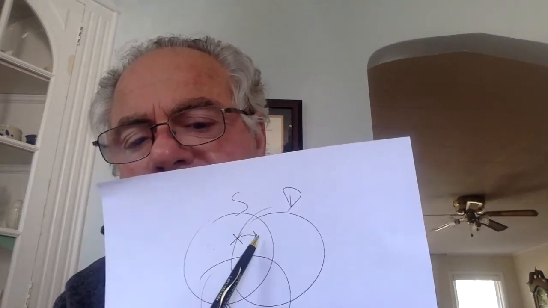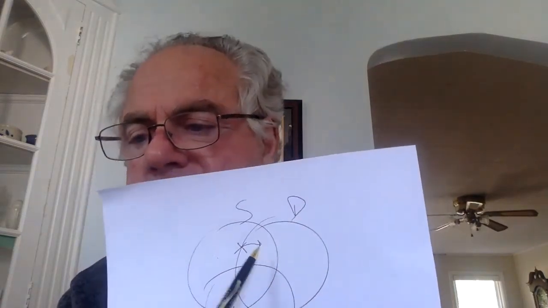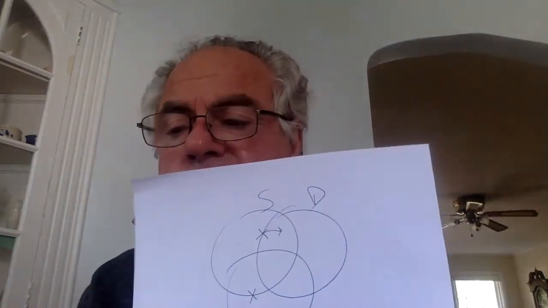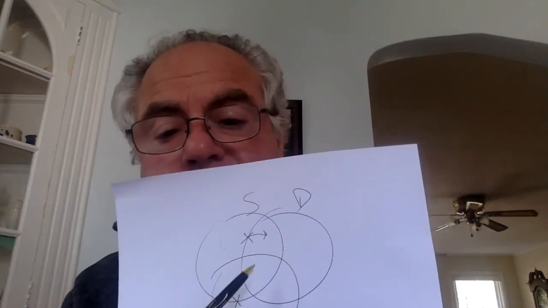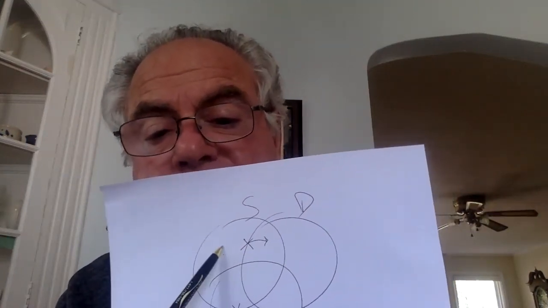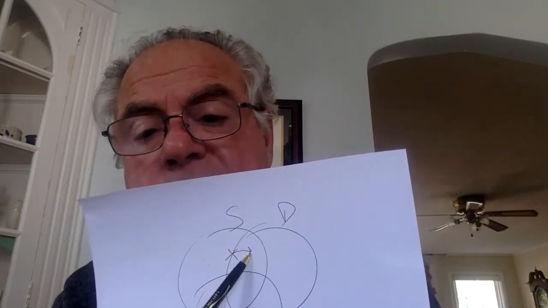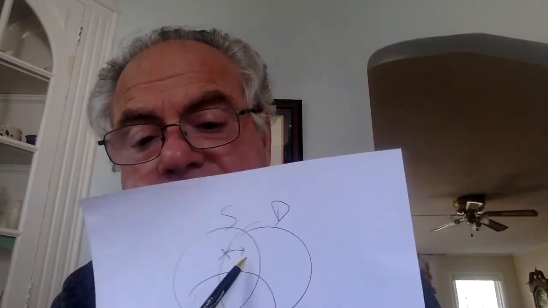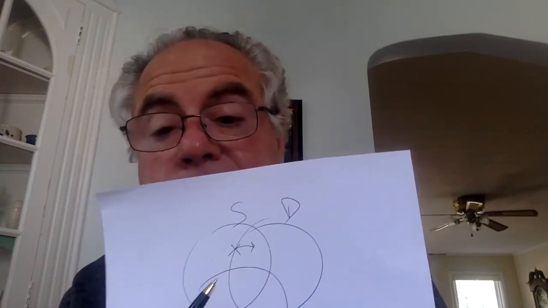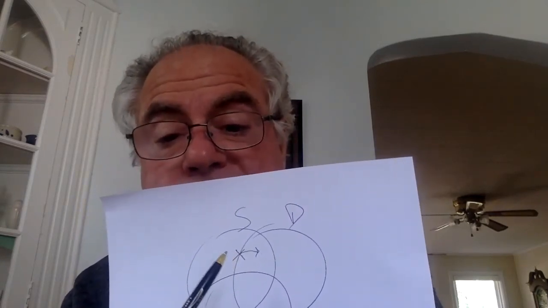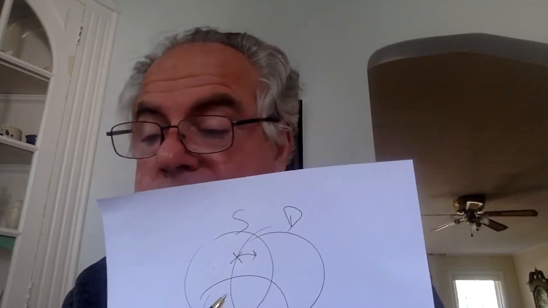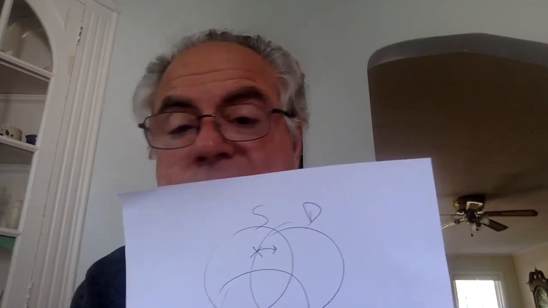Because if it were there, that would be an S that's a P. And that contradicts the conclusion. The conclusion says some S is not P. That'd be fine if this X were here. But since it's on the line, that means there's a possibility that it could be here. If it's there, that means there's a possibility that that S is a P. But that's not what the conclusion says.